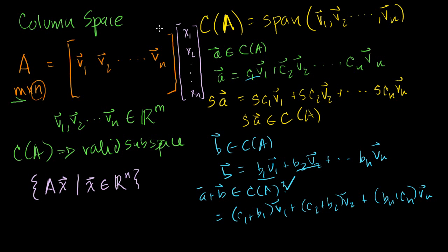What is Ax? Well, Ax could be rewritten as, and we've seen this before, Ax is equal to x1 times v1 plus x2 times v2 all the way to plus xn times vn.